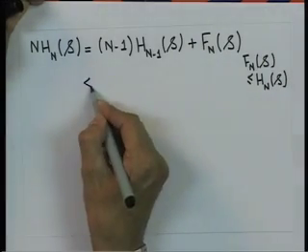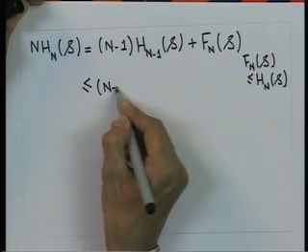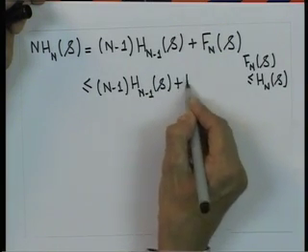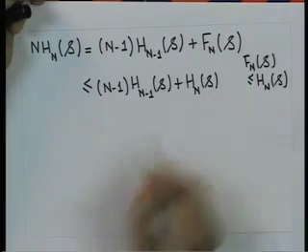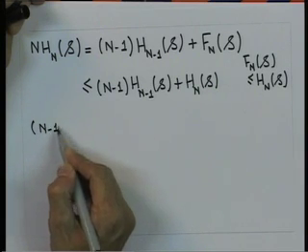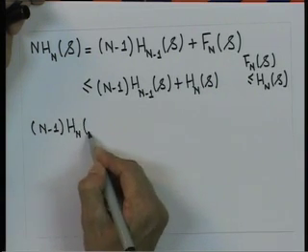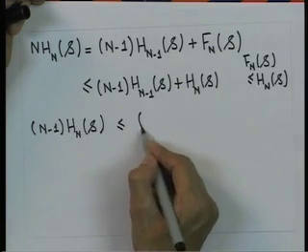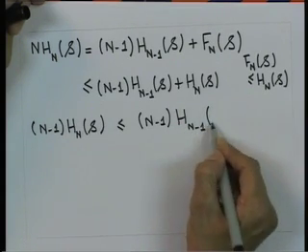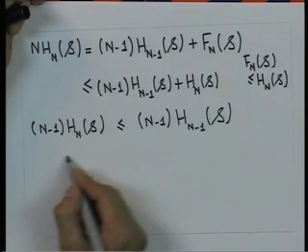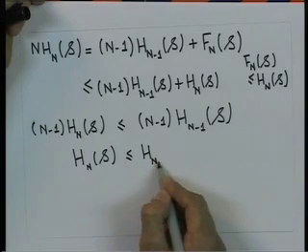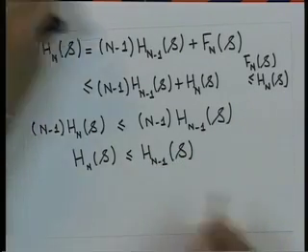So, from this I can write n HnS is less than or equal to n minus 1 times H n minus 1 S plus HnS. Now, trying to simplify this expression, we will get n minus 1 times HnS is less than or equal to n minus 1 times H of n minus 1 S, which implies HnS is less than or equal to H n minus 1 S.